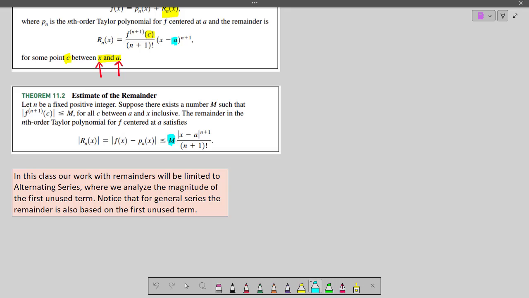It is the bound on that function, and your remainder will be less than or equal to that. So you're taking this n plus first derivative and evaluating it on an interval, and M is just the least upper bound for that function.